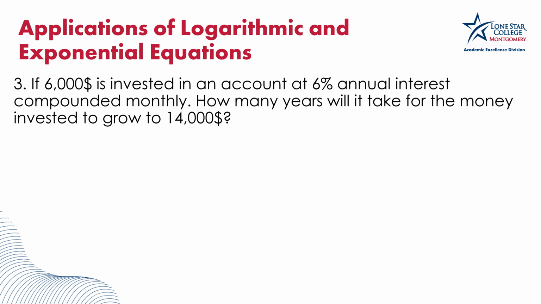So another typical example of using exponential equations would be oftentimes finance questions. So something like when trying to find the future value of something, you were trying to compound it periodically.